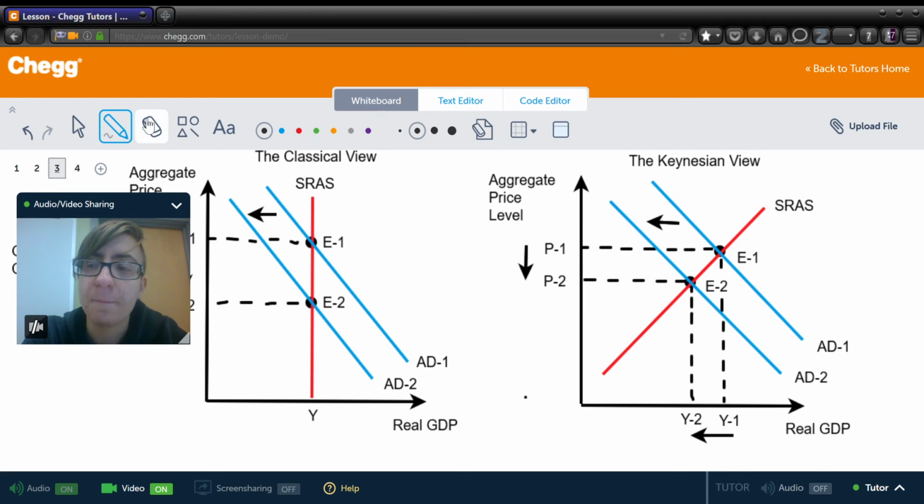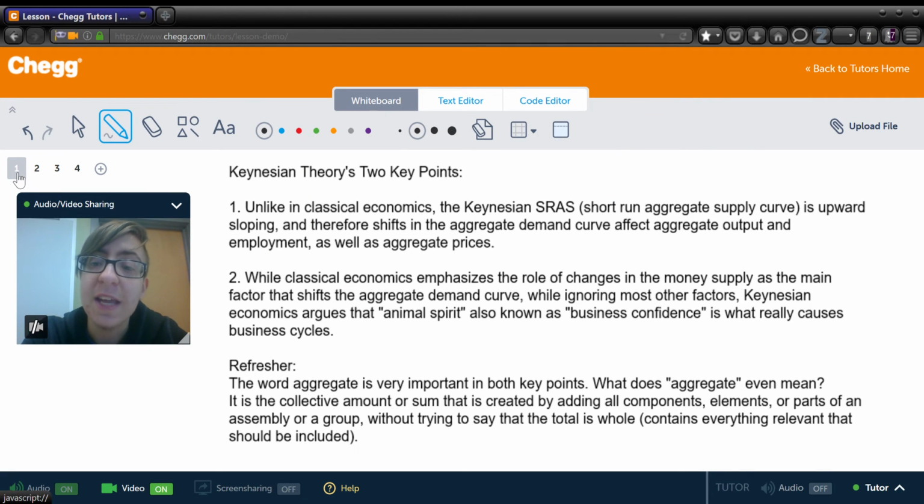And because it is upward sloping, any shift in the price or in the output will affect the other one as well. For the second bullet point, the last sentence is really the most important thing to remember: that animal spirit, also known as business confidence, is what really causes business cycles.